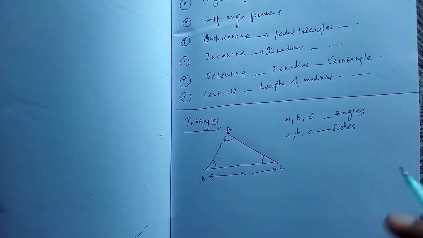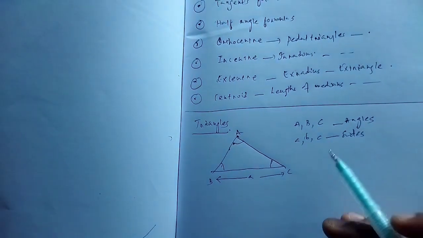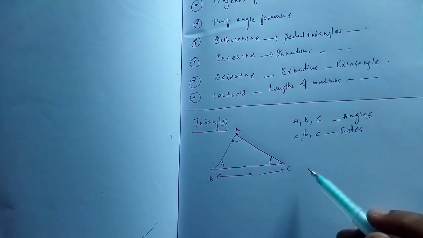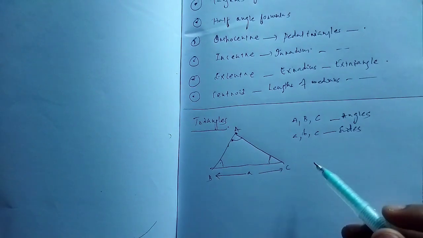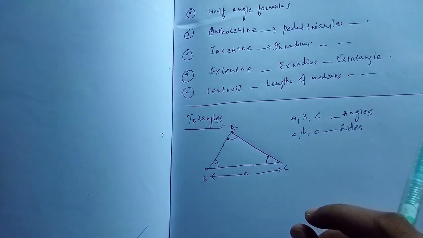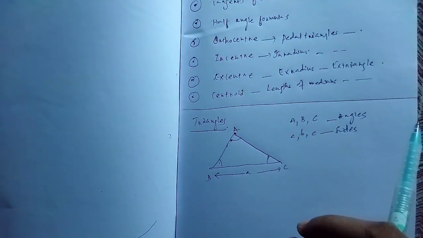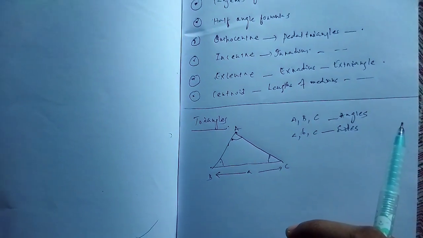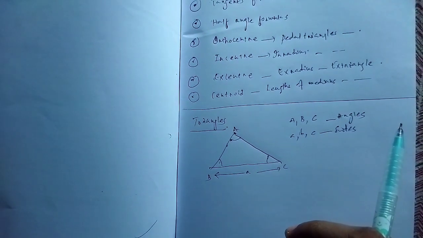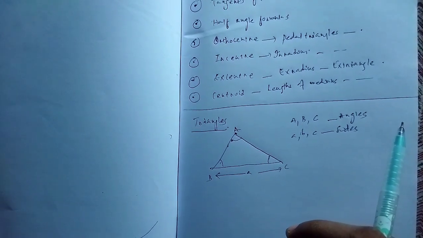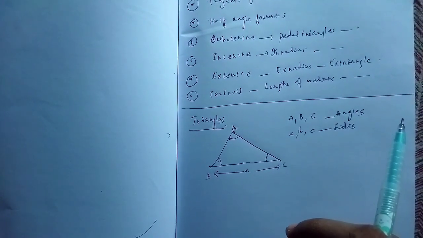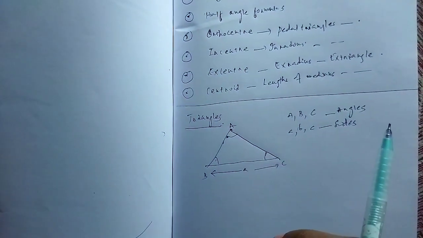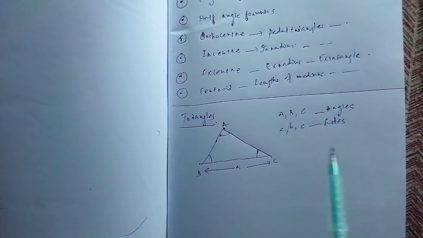And if all the three angles are acute, then it is known as acute angle triangle, and if any one of the angles is obtuse, then it is known as obtuse angle triangle. And if any one angle is equal to 90 degrees, then it is known as right angle triangle. I think you know it.